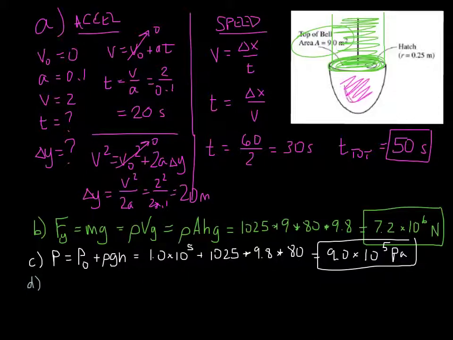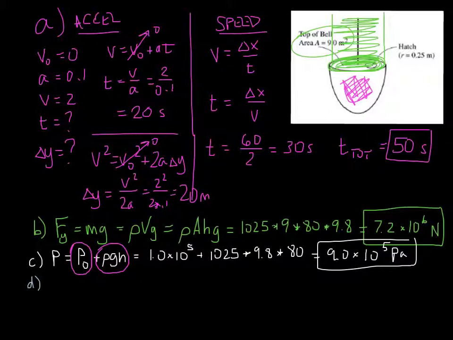That pressure will basically balance out with the pressure at the surface. So we don't even need to worry about this P0 right here, because the pressure at the surface balances out with the pressure inside the bell.